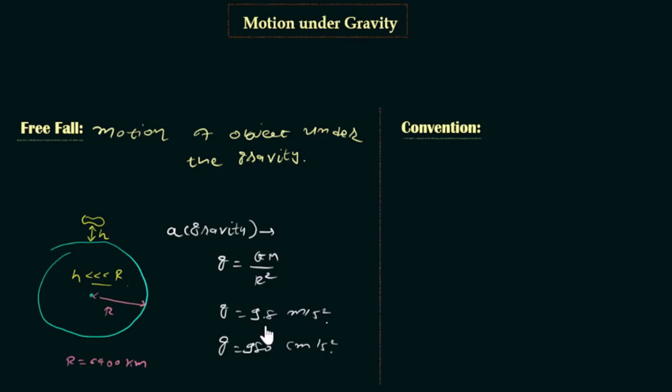If it is stated to take g equals 10 meters per second squared, then we take g as 10. Otherwise, in most numericals, we take g as 9.8 meters per second squared.